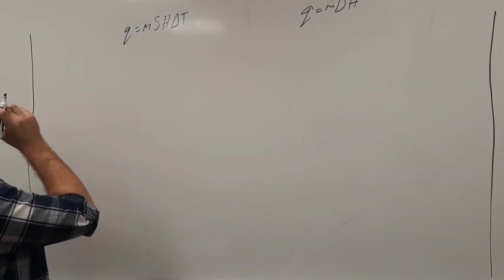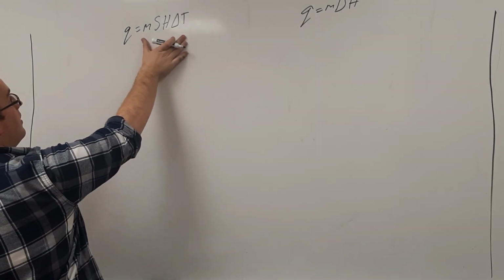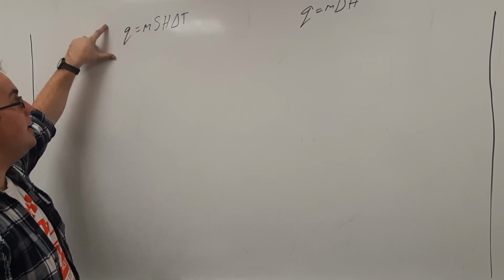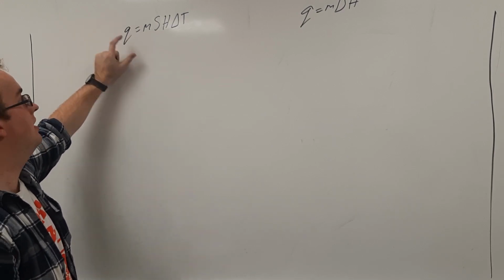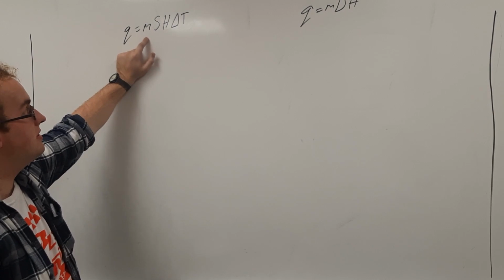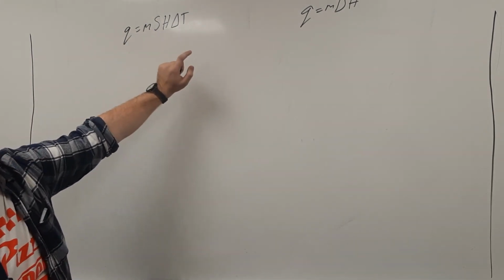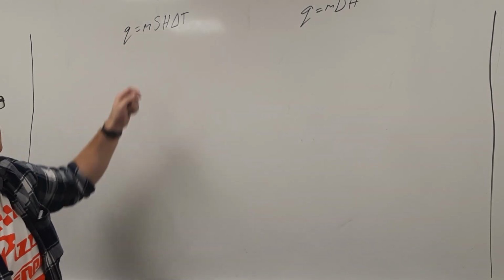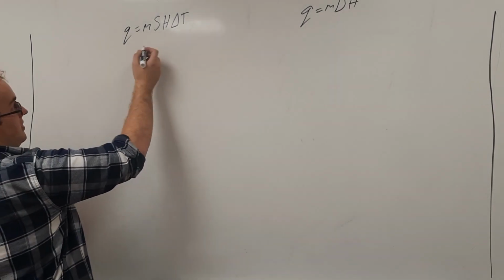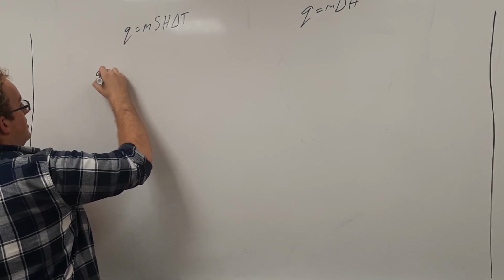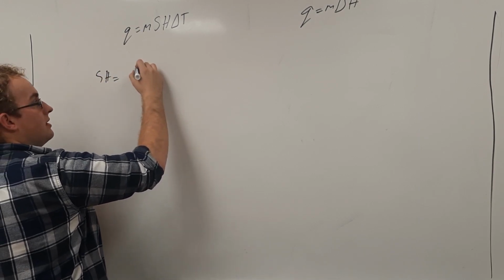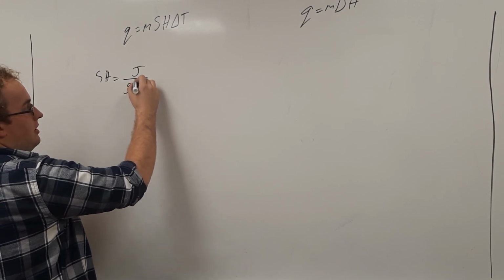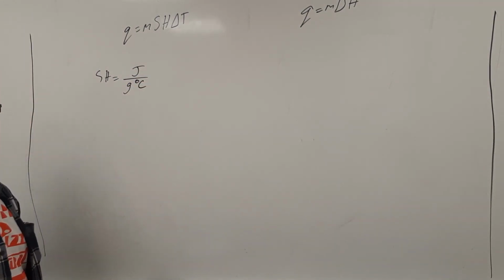So, essentially what this equation is doing is it's helping you to understand that the heat we add or take away from something is related to the mass of the substance, the change in temperature of the substance, and then the specific heat capacity of a substance. The definition of the specific heat of something is the amount of heat in joules that it takes to raise 1 gram of a substance 1 degree Celsius.